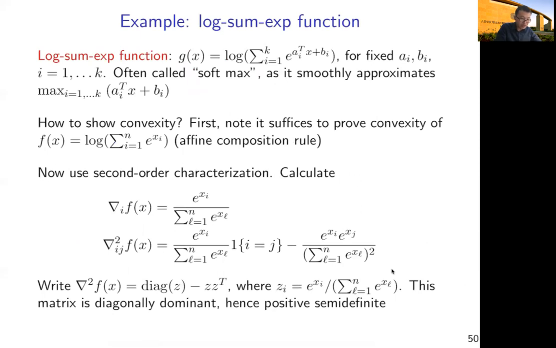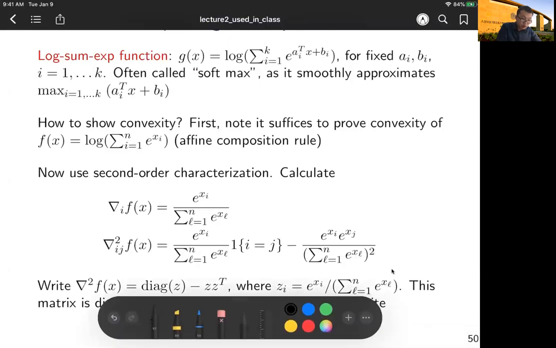It is defined as follows. You have a log of a sum of exponentials of functions f_n. First of all, it suffices to replace these f_n functions with just a change of variable u_i, and then talk about the log sum exponential function with respect to the vector u.